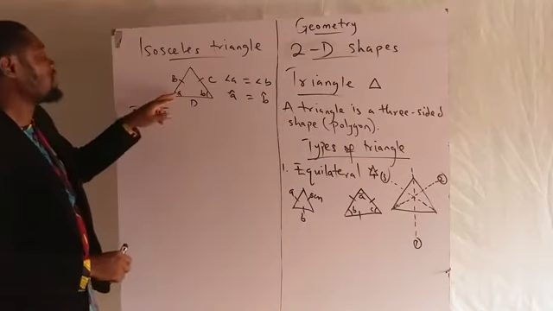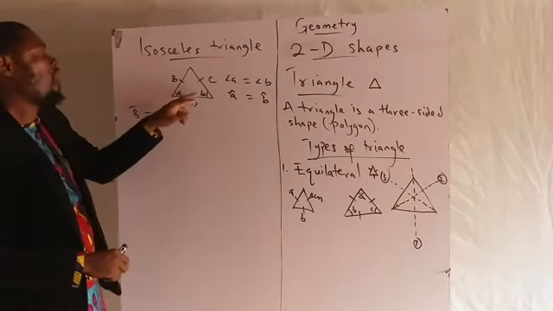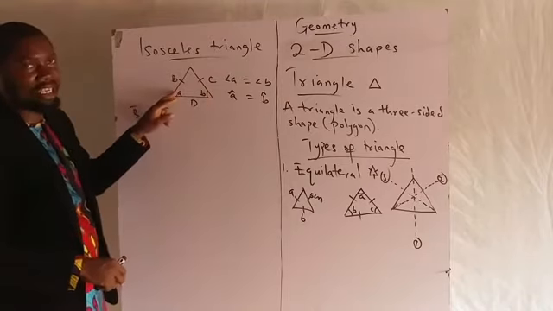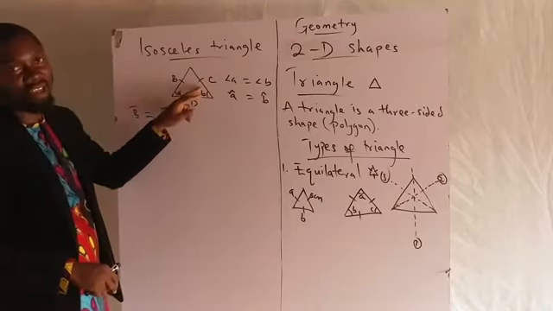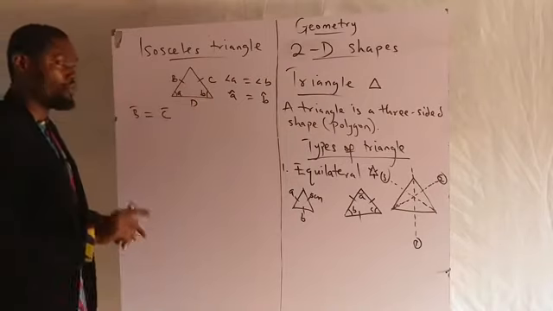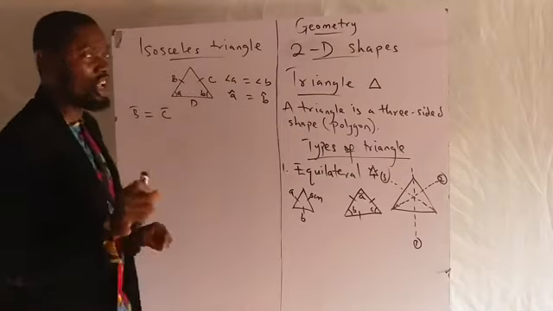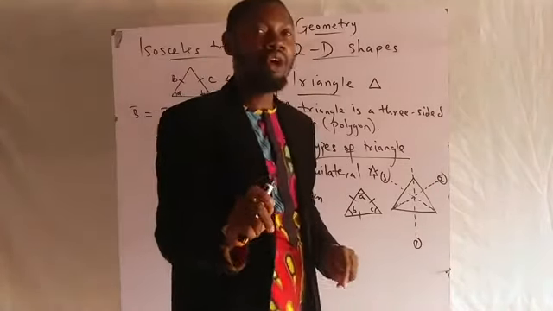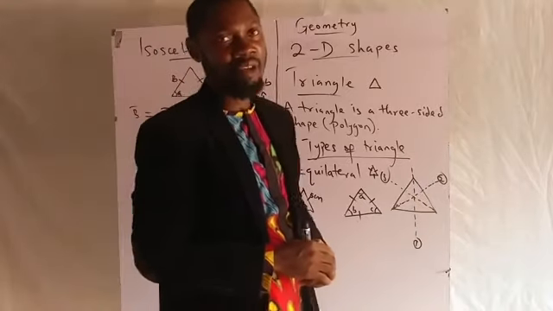So if this angle is 55, then here will also be 55. If this angle is 66, here will also be 66. This you should know. You should quickly also understand that the sum of interior angles in a triangle is 180 degrees.